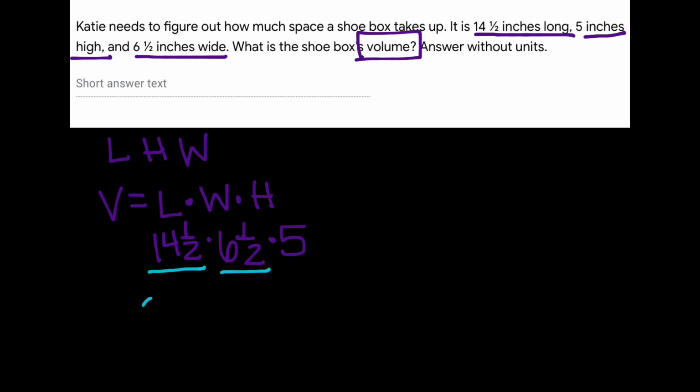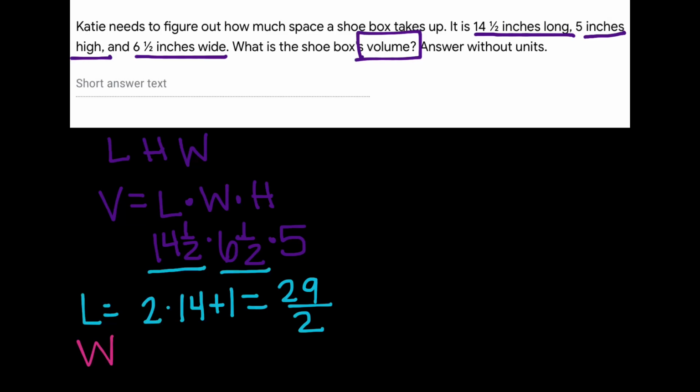So, we take our denominator times our whole number plus our numerator. This is for our length, and that is going to give us 29 over 2. Now you can go ahead and convert your width on your own, and then you will go ahead and multiply.